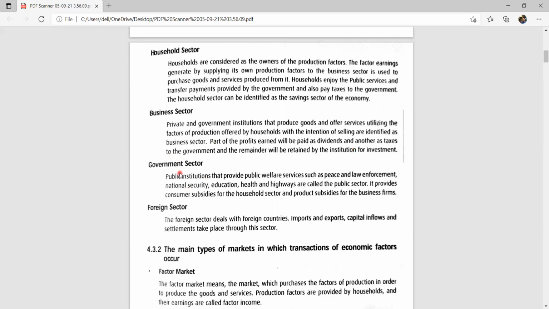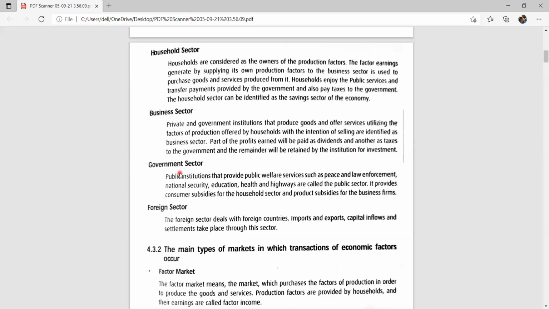Government sector. This is common in every economy. Government is actually a particular institution. They collect money from us in form of taxes. Even businesses are supposed to pay taxes. Then actually government depends upon taxes.